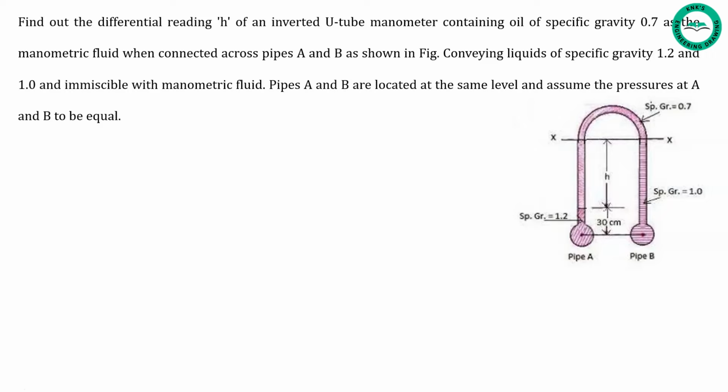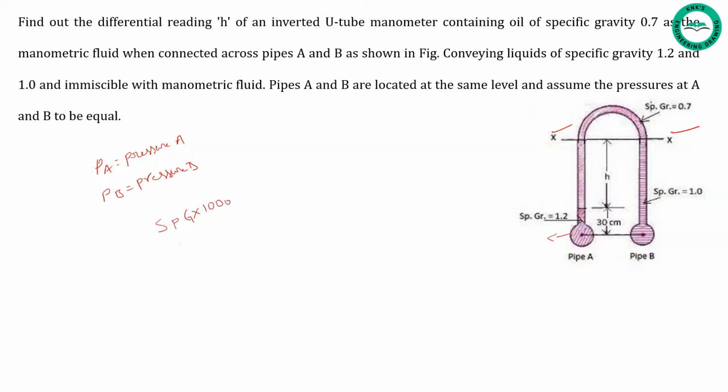So the figure shows the arrangement. Now by taking XX as a datum line, PA equals pressure at A, PB equals pressure at B. Now density of liquid in pipe A, that is specific gravity into 1000.